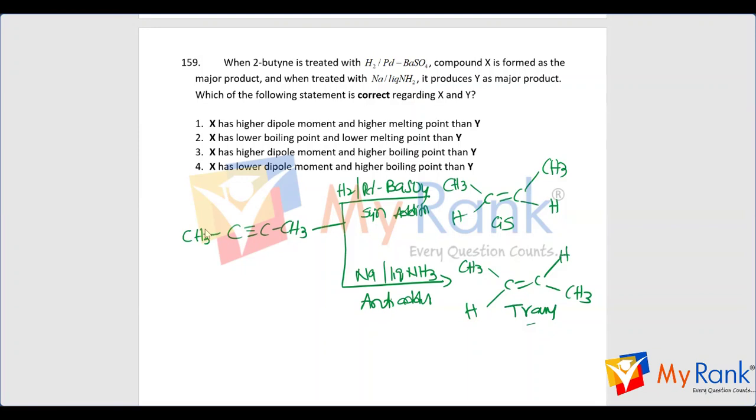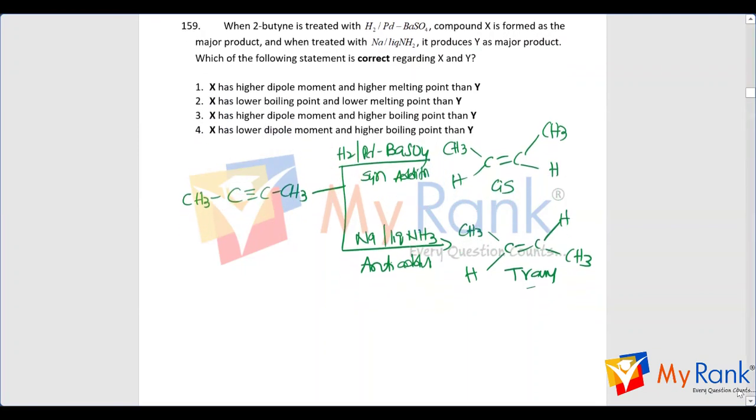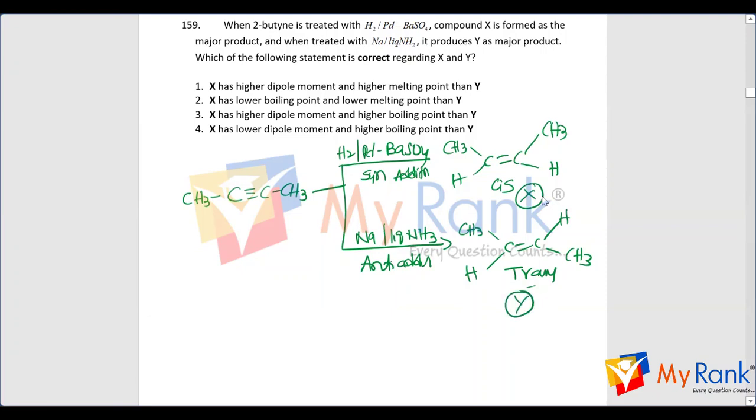Now, what are the given options? The first one says X has higher dipole moment and higher melting point. Here this is X and this is Y. X, the cis compound, generally has high dipole moment and boiling point, and Y, the trans compound, has the higher melting point.